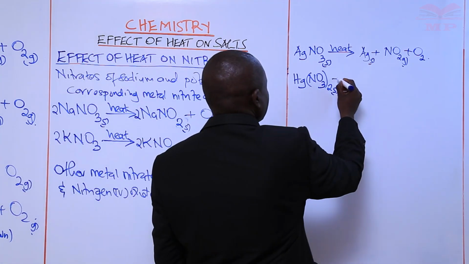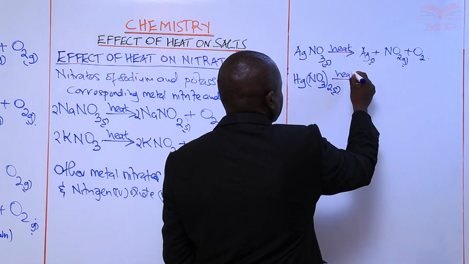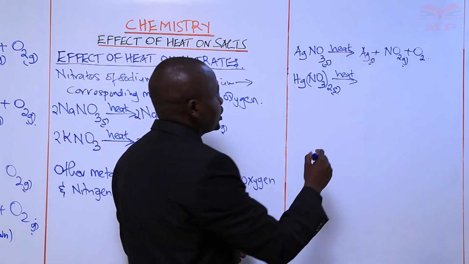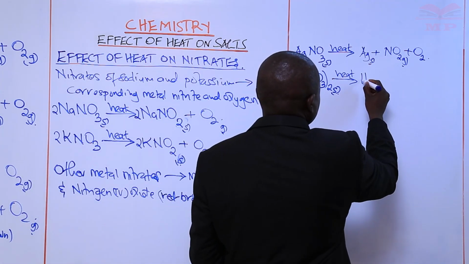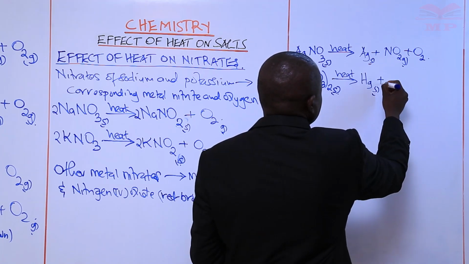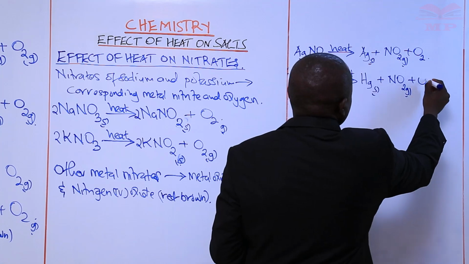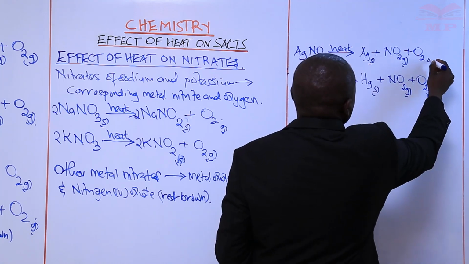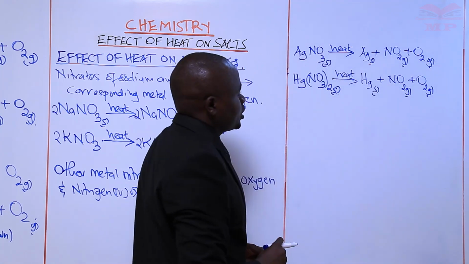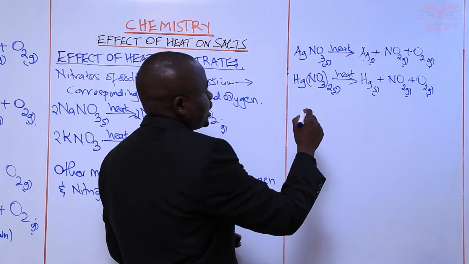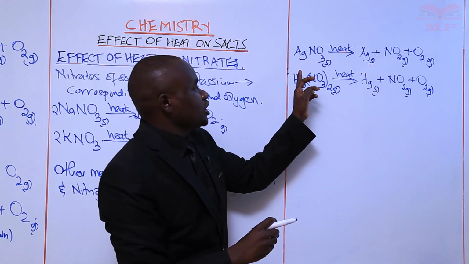So when gold nitrate is heated, it will give you the corresponding metal, and that is gold, plus nitrogen 4 oxide gas, and then plus oxygen. So we have to balance the 2 equations. So let's balance. Of course, check.